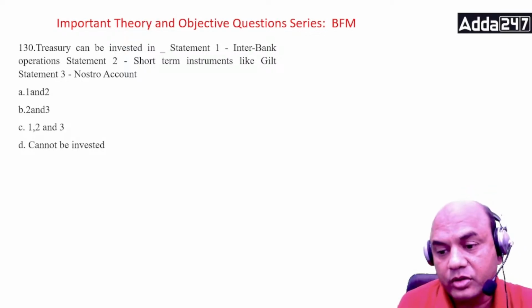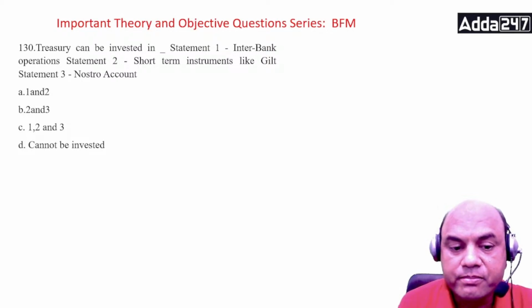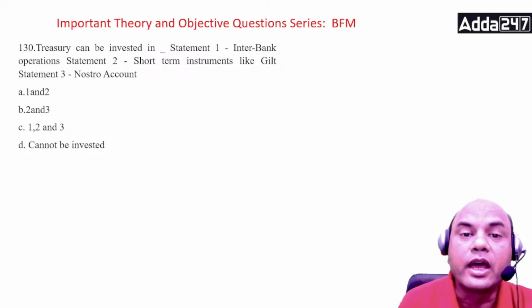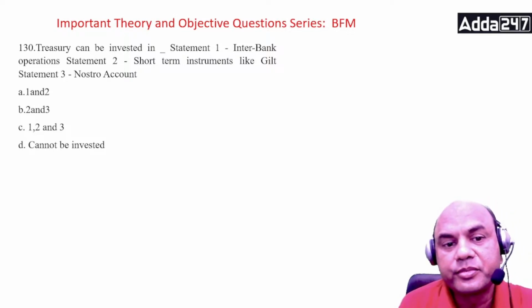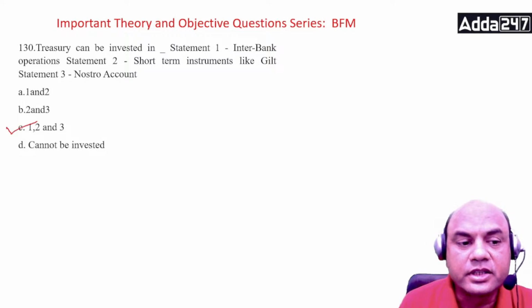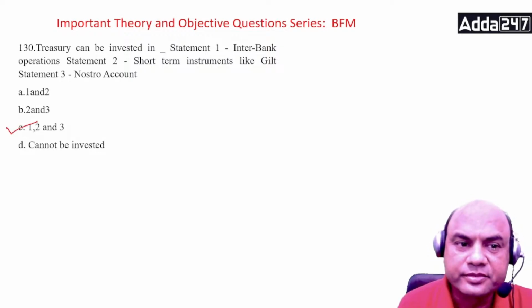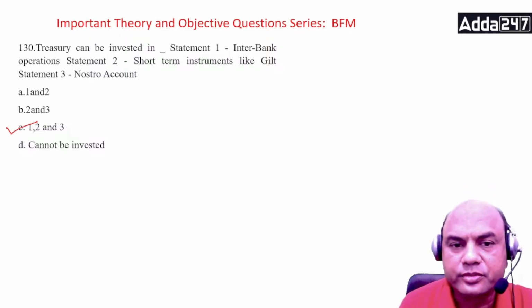Now again, many of you are doubting whether 1, 2 and 3 is correct, because in an earlier question I told you that we are in the habit of typing all of the above, and that time the answer was not all of the above. So everyone is now afraid. But the answer is C, 1, 2 and 3. Treasury can invest in these 3 elements: interbank, short-term instruments and nostro.